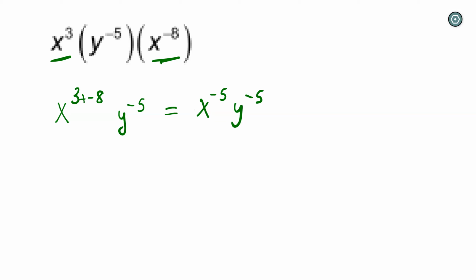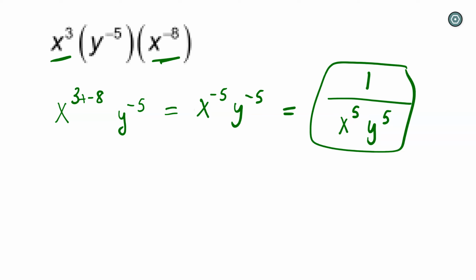Remember, simplified means no negative exponents. So to get rid of the negative exponents, I move them to the other side of the fraction. Saying x to the negative 5 is the same thing as saying 1 over x to the 5th power, y to the 5th. That gets rid of the negative.